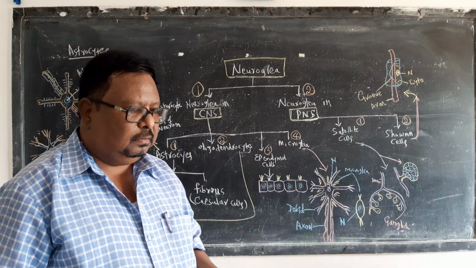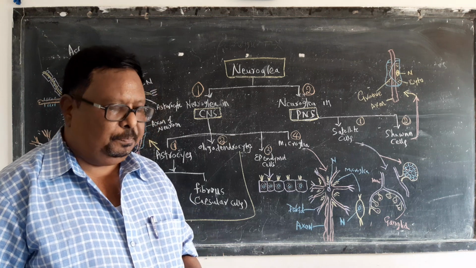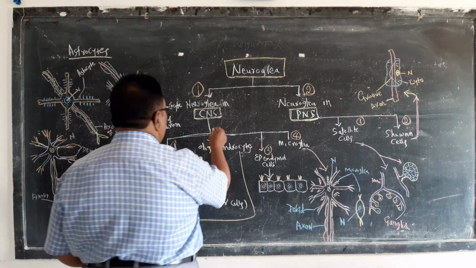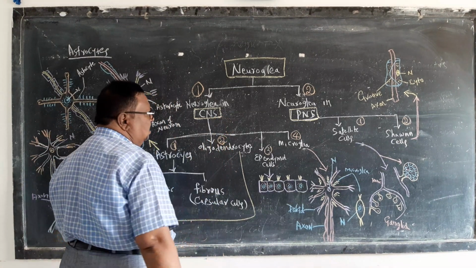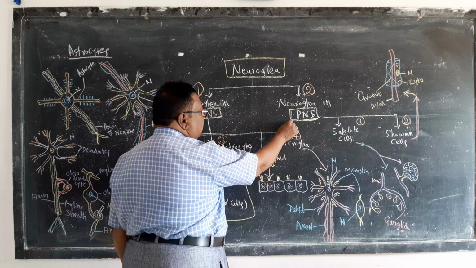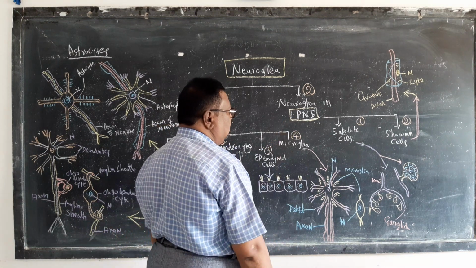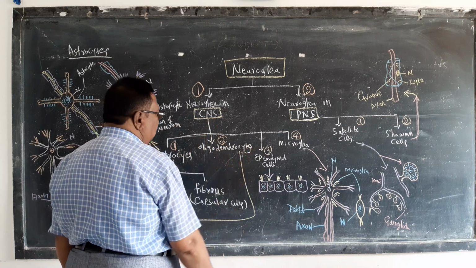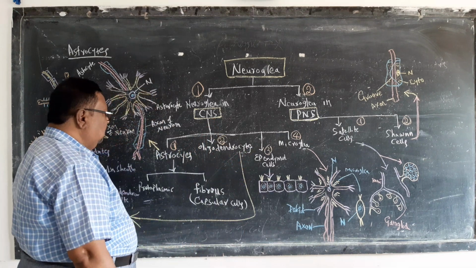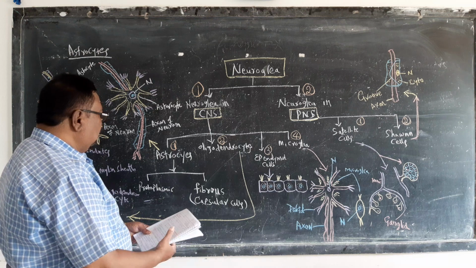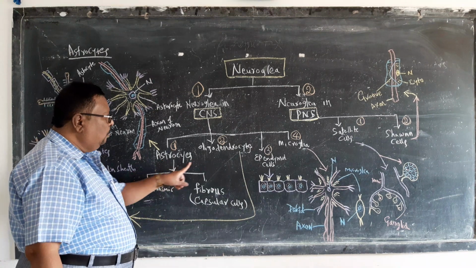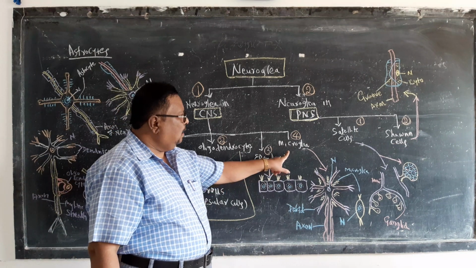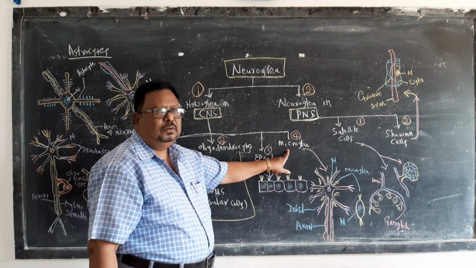So neuroglia are of two types: the neuroglia present in the central nervous system, and the neuroglia present in the peripheral nervous system. In the central nervous system, there are four types of neuroglia: astrocytes, oligodendrocytes, ependymal cells, and microglia.